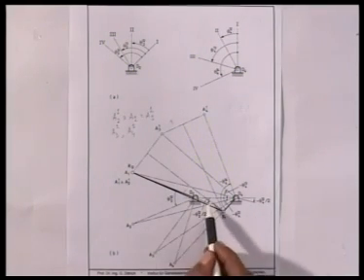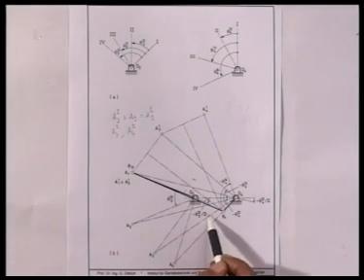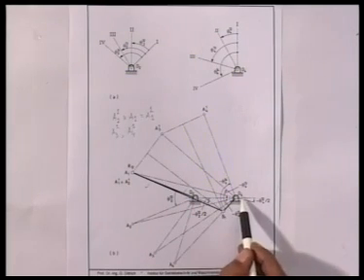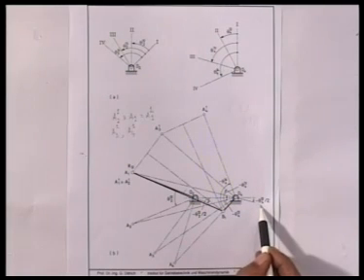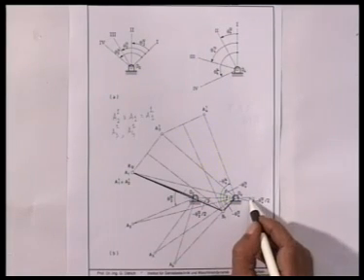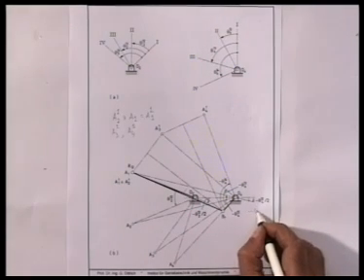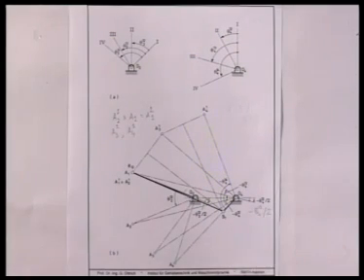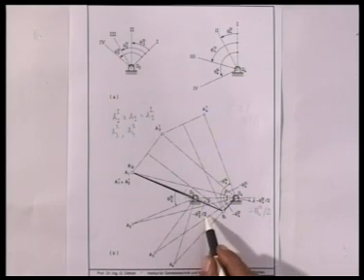At O4, I draw a line at an angle minus theta 4 1 2 by 2, and this angle, as we said, is minus theta 2 1 2 by 2.